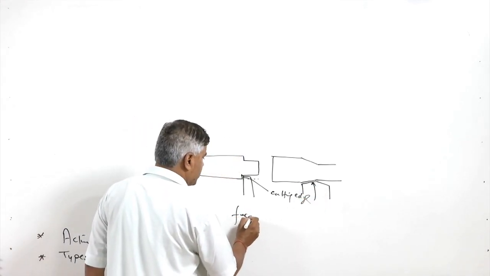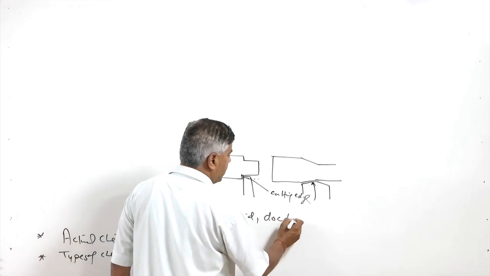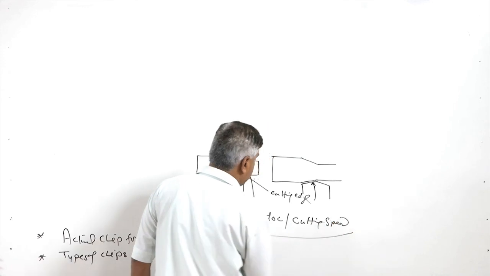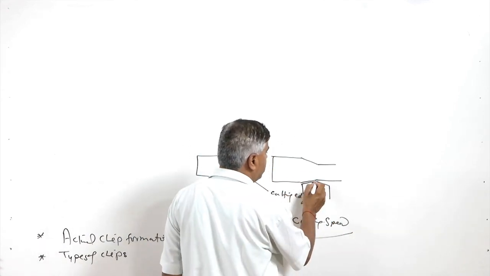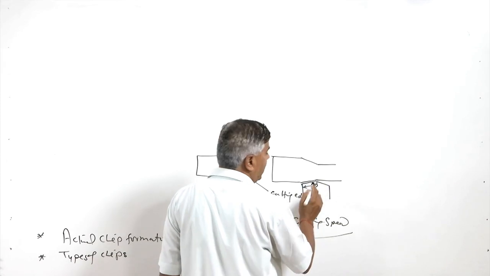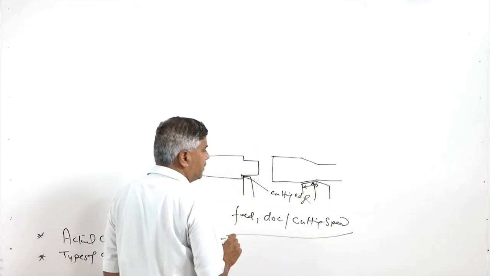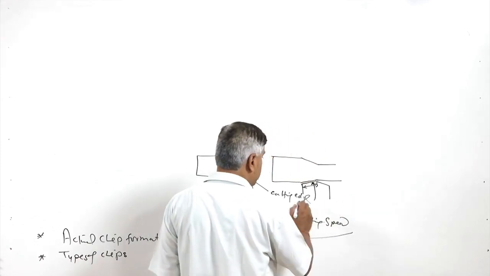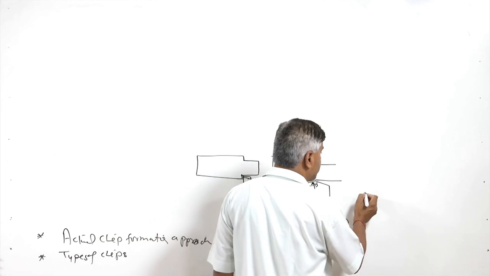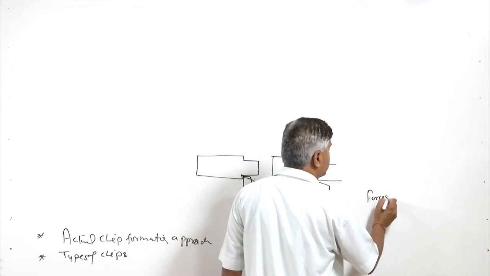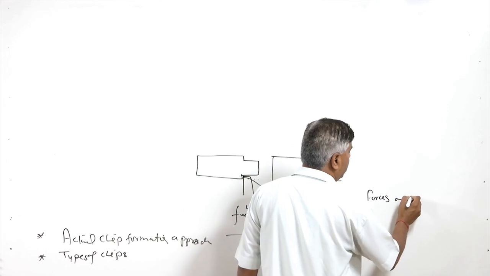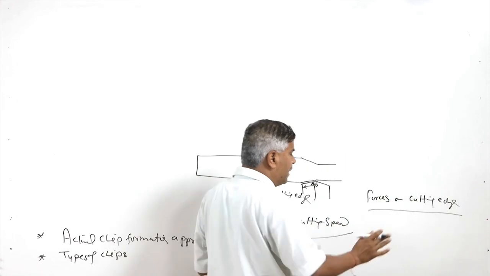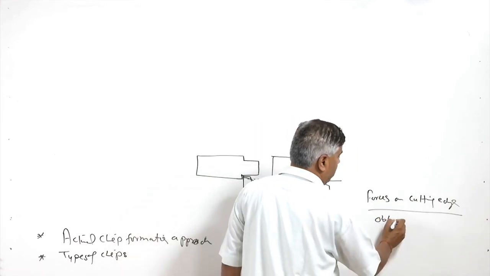In this case, for same feed, same depth of cut and same cutting speed, the interaction is over a much larger length of the cutting edge as compared to the orthogonal cutting, and because of this, under identical conditions of the speed, feed and cutting speed, the cutting forces, the forces acting on the cutting edge, will be distributed over a greater length in case of the oblique cutting.